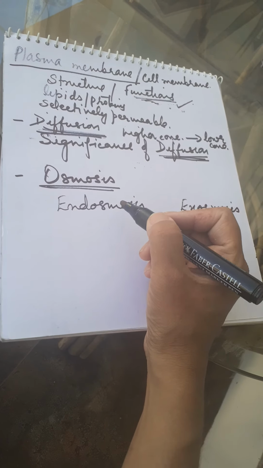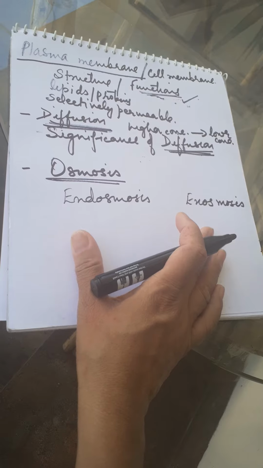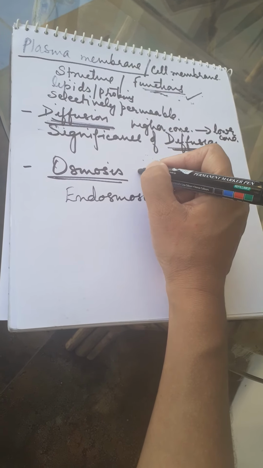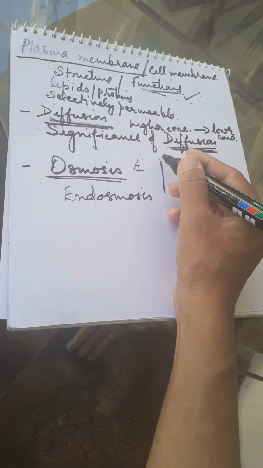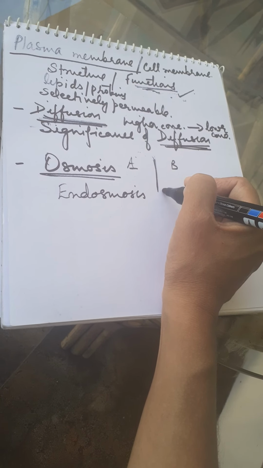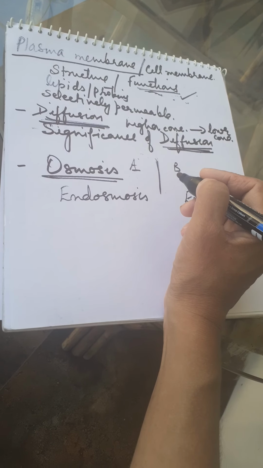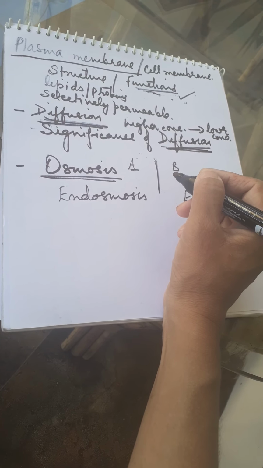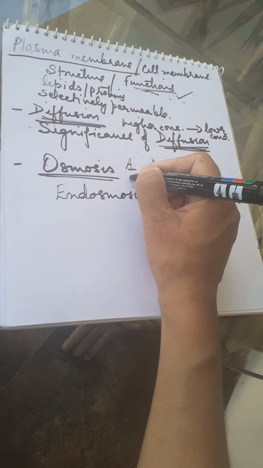Now, osmosis. When two solutions have different concentrations of the solute and are separated by a semi permeable membrane, that is a membrane which is permeable to some molecules, not every one, like water molecules, then a different type of diffusion occurs, and in this case we can observe the movement of solvent.